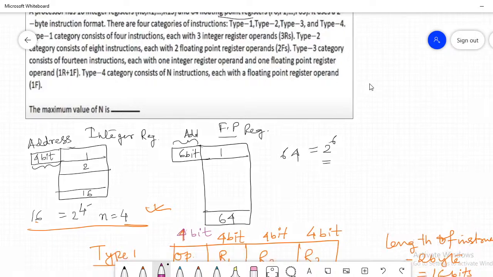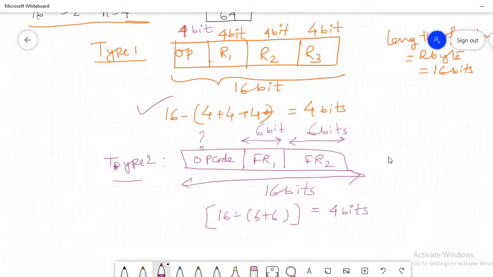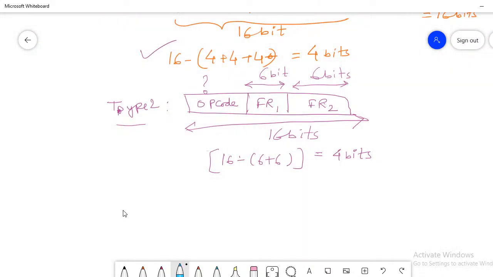Type 3 will have the same structure with the opcode, one integer register, and the floating point register.